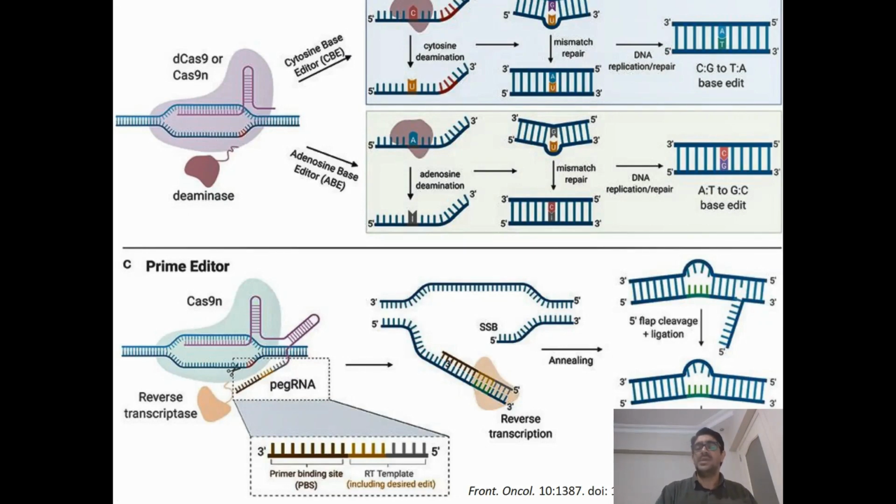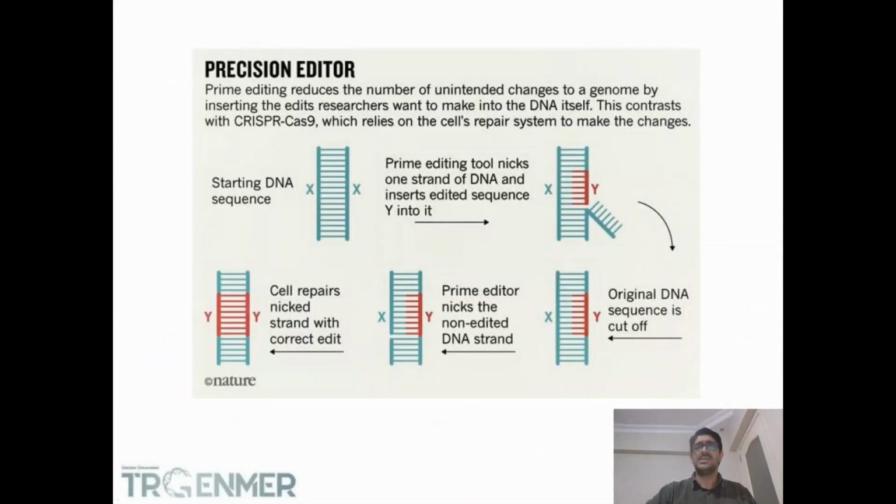And when you design these PBS and RTT sequences in the pegRNA, that is enough to start your gene modification.